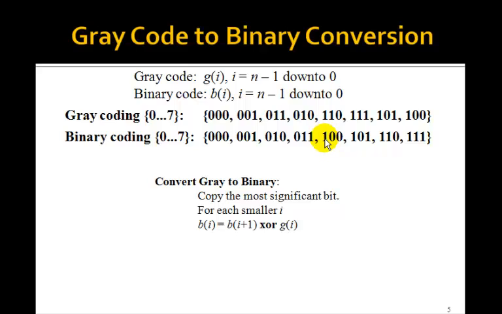Copy the 1, 1 exclusive OR with 1 is 0, 0 exclusive OR with 0 is 0. Copy the 1, 1 exclusive OR with 1 is 0, 0 exclusive OR with 1 is 1. Copy the 1, 1 exclusive OR with 0 is 1, 1 exclusive OR with 1 is 0. Copy the 1, 1 exclusive OR with 0 is 1, 1 exclusive OR with 0 is 1. So that's how it goes.